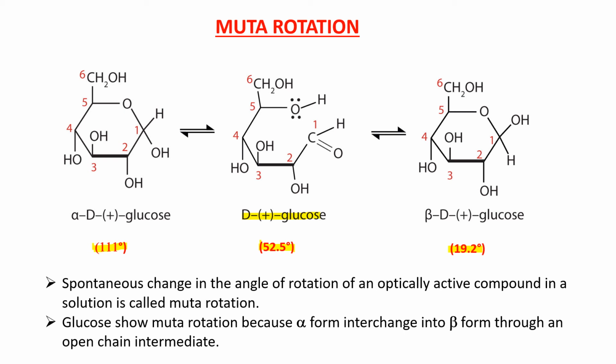This spontaneous change in the angle of rotation of an optically active compound when it is put into a solution is called mutarotation. Glucose shows mutarotation because the alpha form interchanges into the beta form through an open chain intermediate.